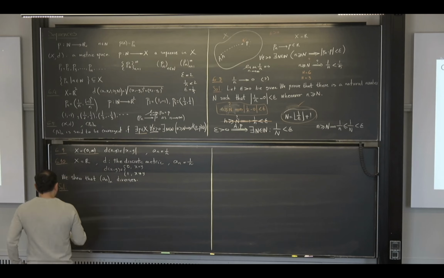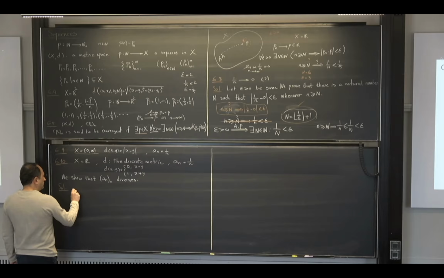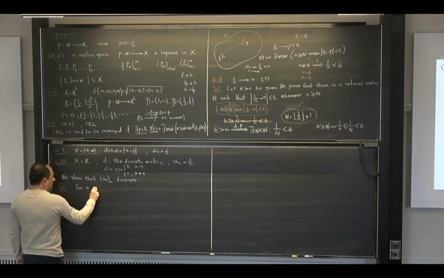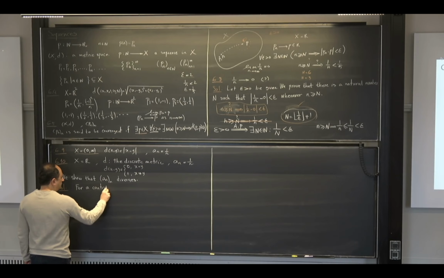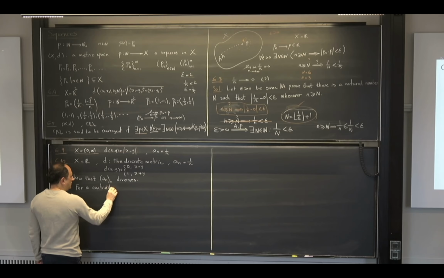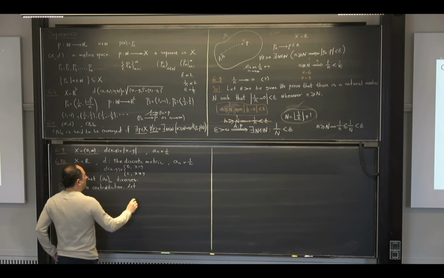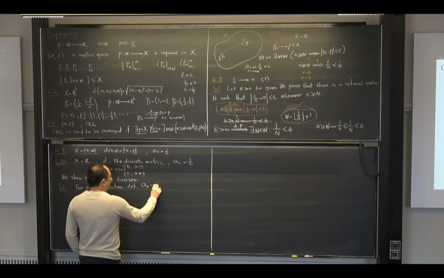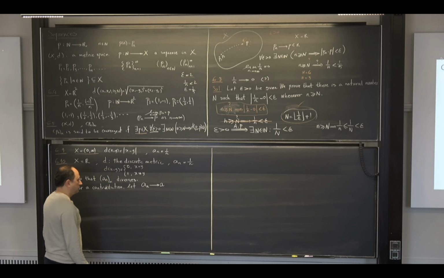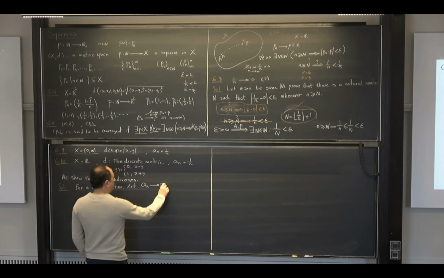Okay? So we say, for a contradiction, let a_n converge to a, where a is in R.